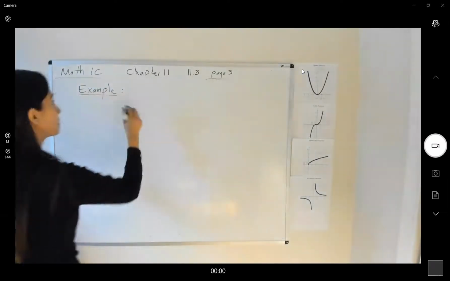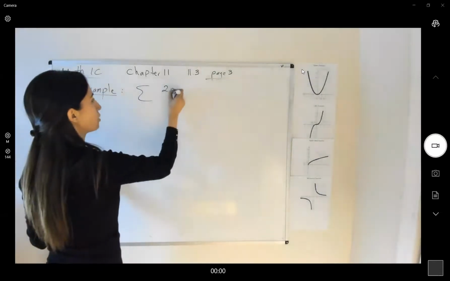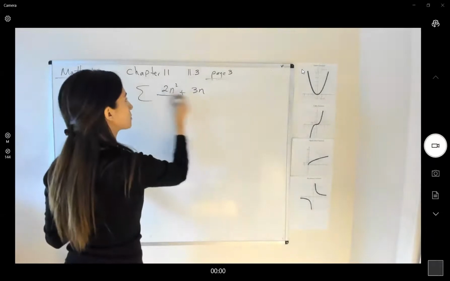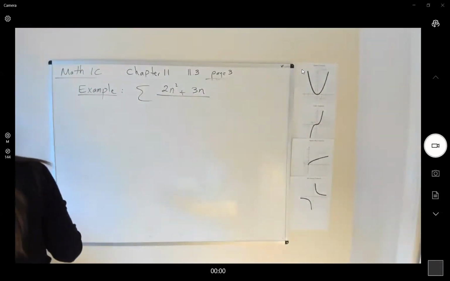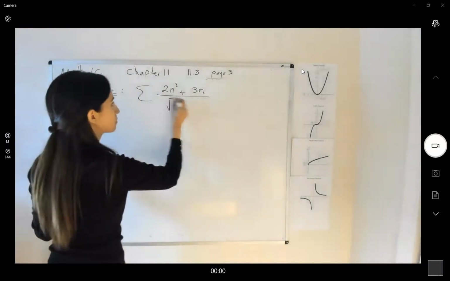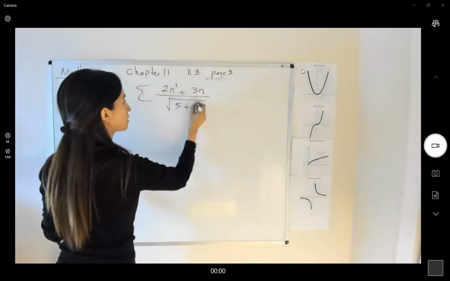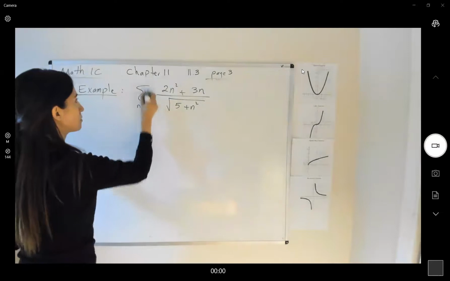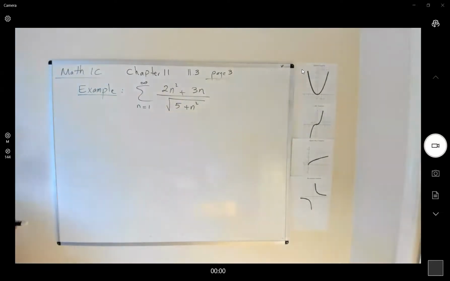You have the series of 2n squared plus 3n divided by the square root of 5 plus n squared, n starts from 1, and it goes to infinity.